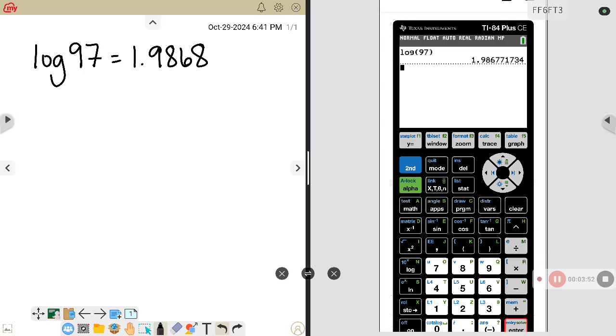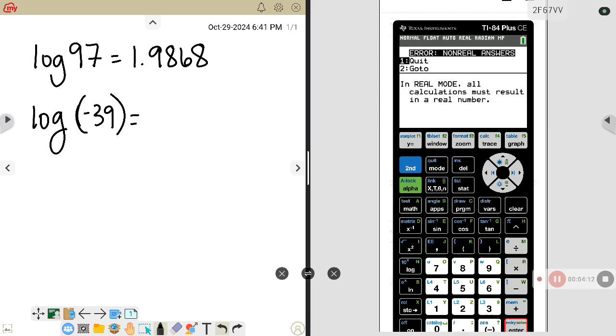What happens if you find the log of -39 and you put that in your calculator? So I hit the log key, then -39 and close. Here, when I put that in, it tells me it's not a real answer.